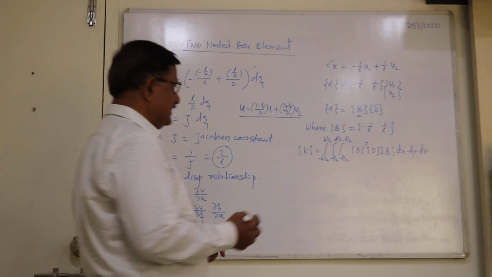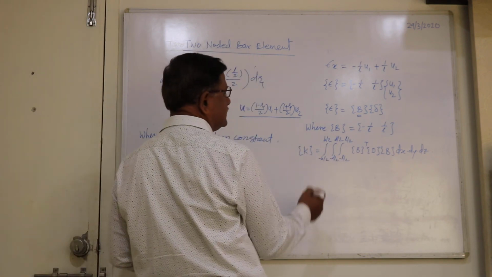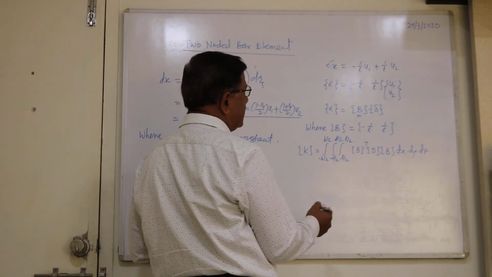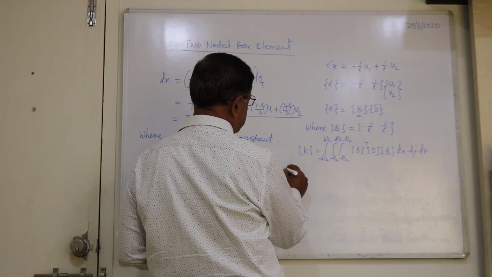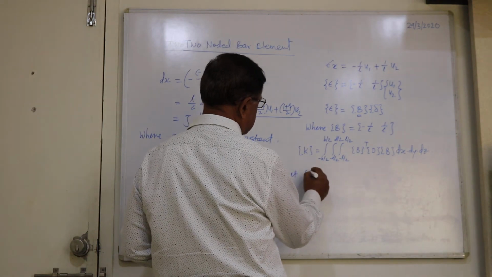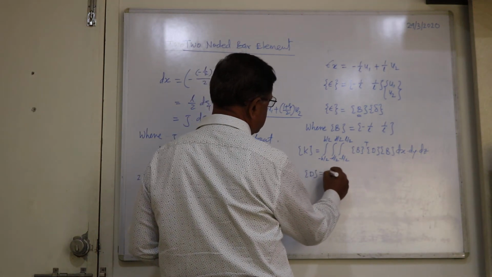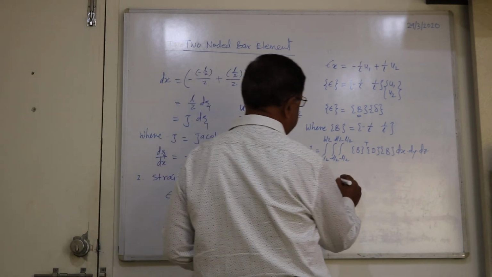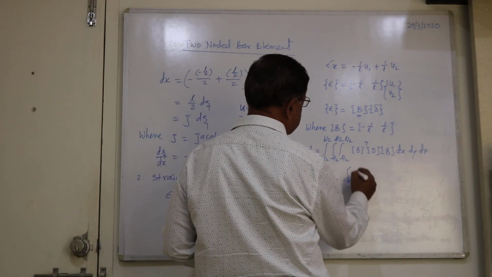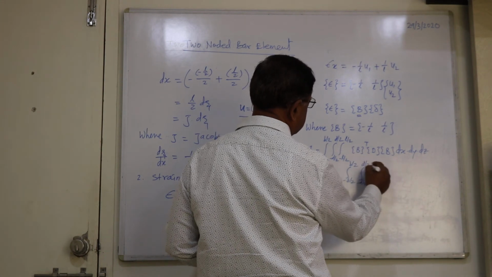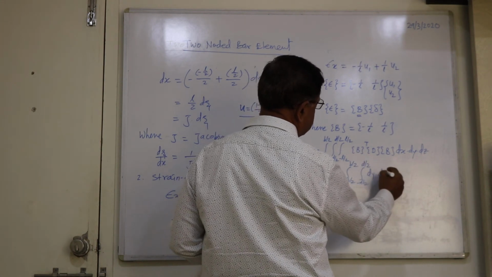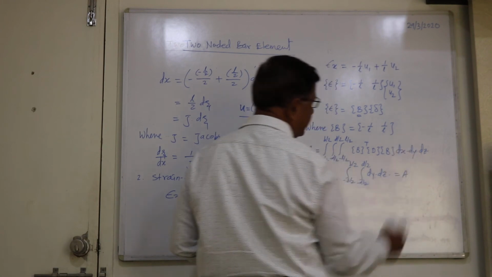Now, this we can transfer into the natural coordinate system. Here we know that the matrix D is nothing but the modulus of elasticity E for 1D, and the integration from minus b by 2 to b by 2 and minus d by 2 to d by 2 of dy dz is nothing but the area.